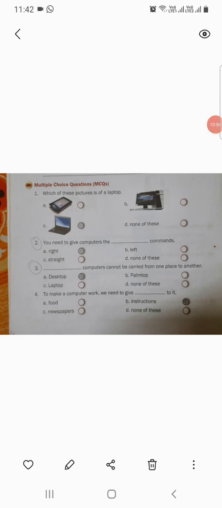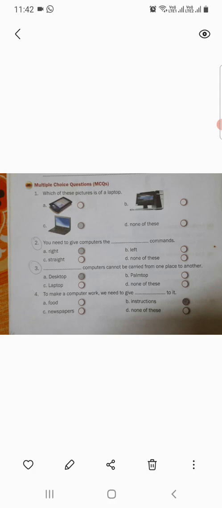Next, we have the multiple choice questions, that is exercise number 11 of our first chapter in our book. We have four MCQ questions. What is the first one? Which of these pictures is of a laptop?